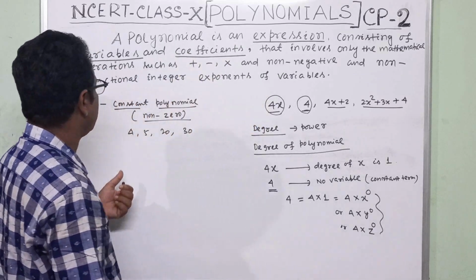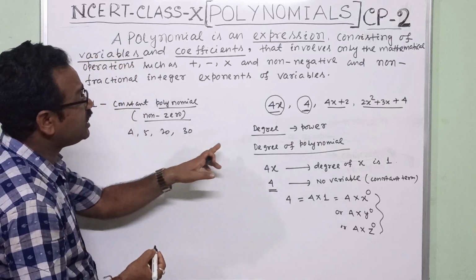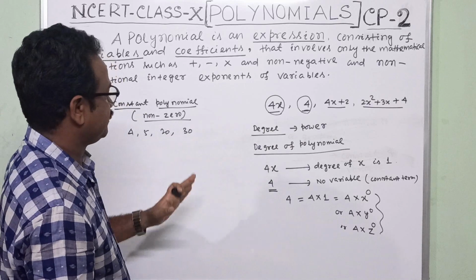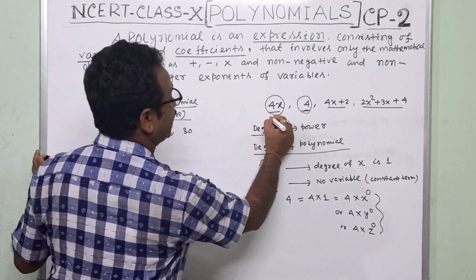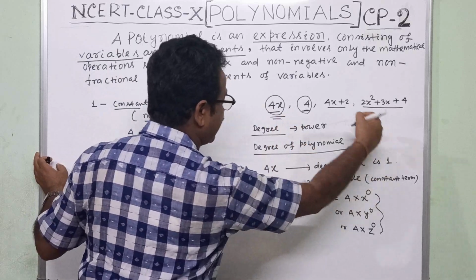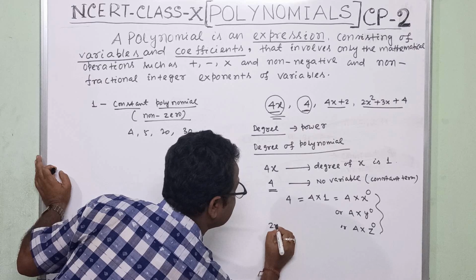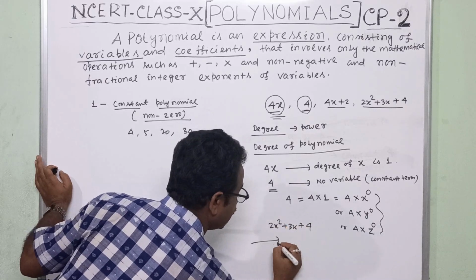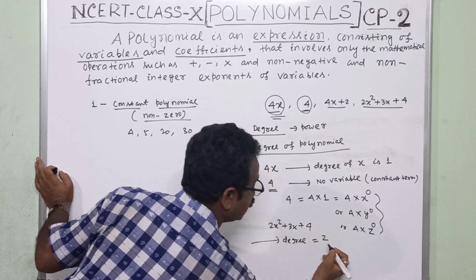Now we'll move on to the next part, but before that we discuss the degree. Degree means highest power. Suppose I write 4x. What is the degree? 1. Now 2x square plus 3x plus 4: here the degree is equal to 2.